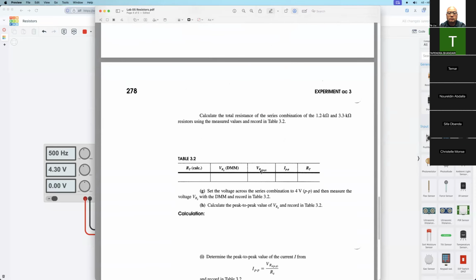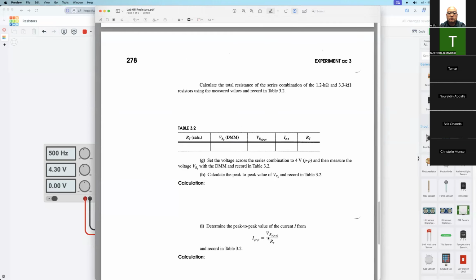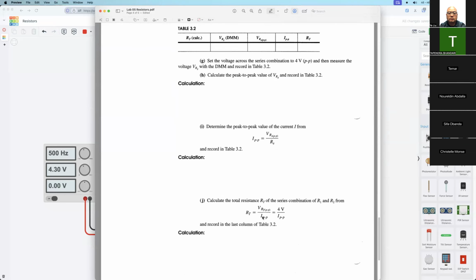Then from the VRS peak to peak value, you can get the current peak to peak value. Then we can get the RT, just 4 volt divided by the current, right? Actually, this is not the total current.